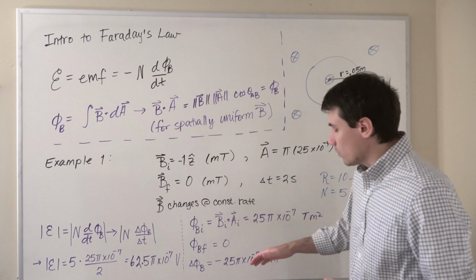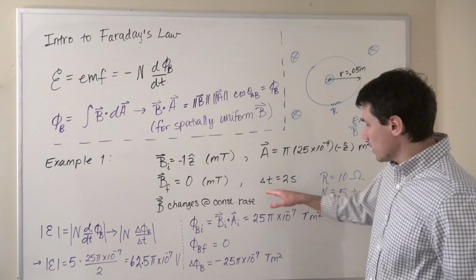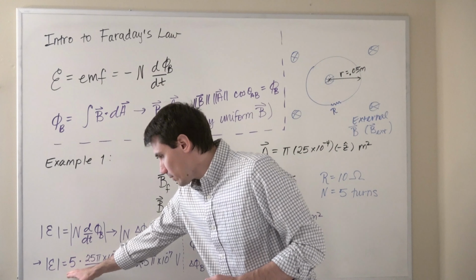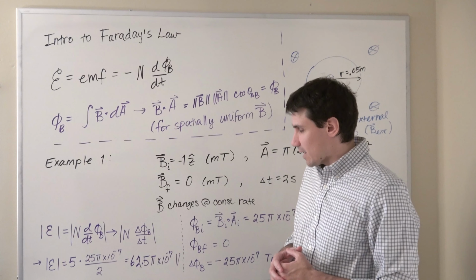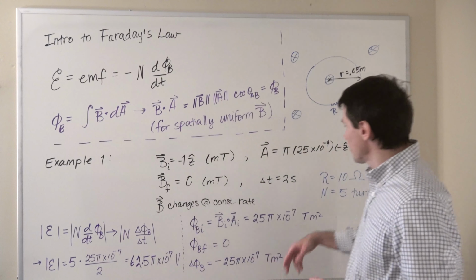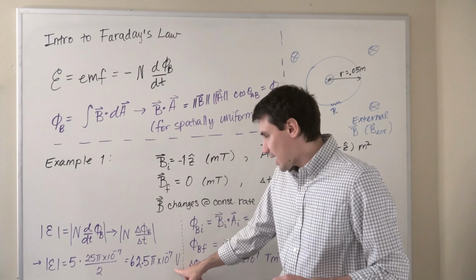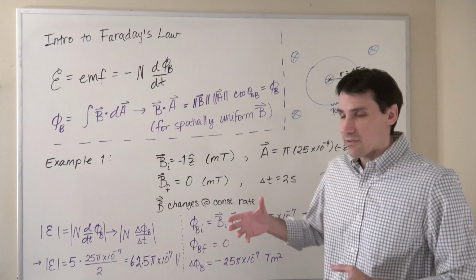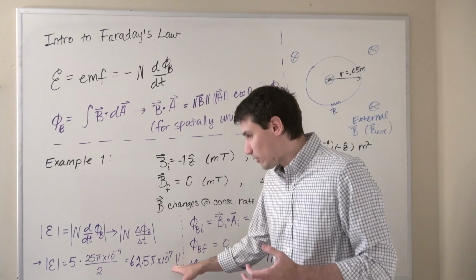This being said, we can now simply sub in our change in flux, which we calculated, and our change in time, which we know, to find the total EMF, or electromotive force, of this example to be 62.5 times pi, remember, the pi is coming from our area here, times 10 to the negative 7th volts. EMF acts like a voltage and in fact has units of volts.